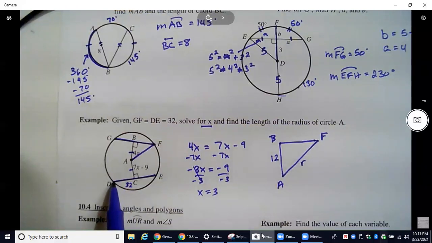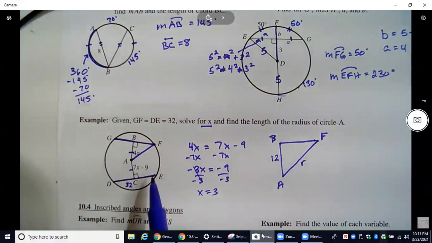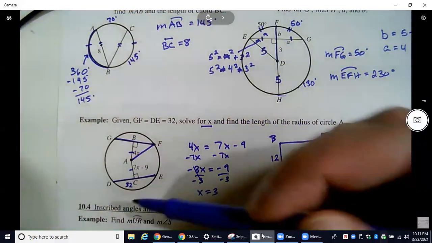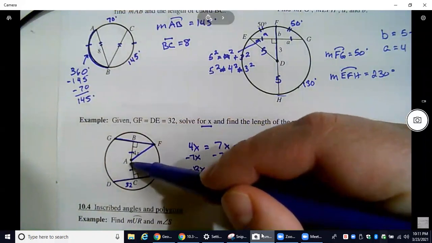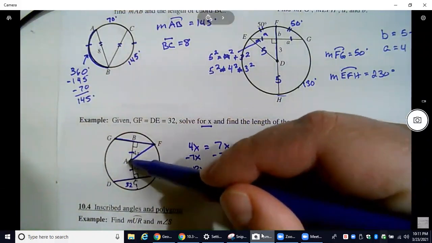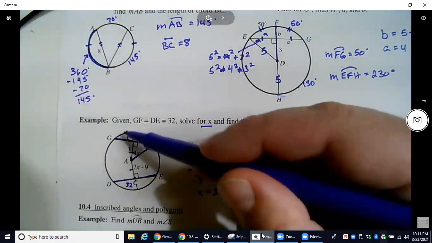And remember how we said that this chord was 32 units long? This chord happens to be, because this line comes away from the circle at a 90-degree angle, if we extended that, it would basically become a diameter, right?